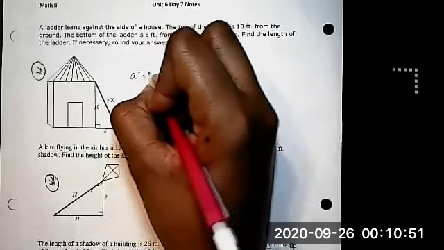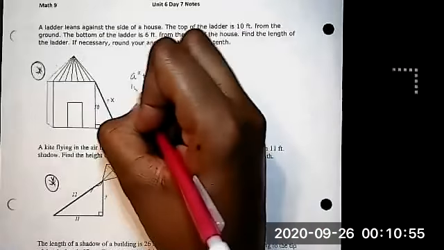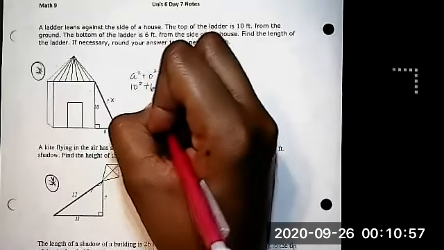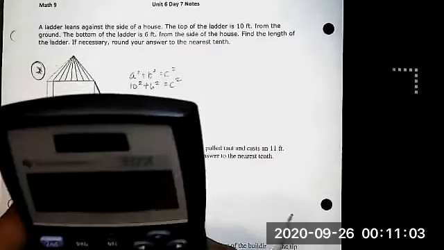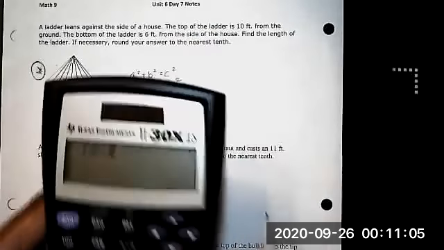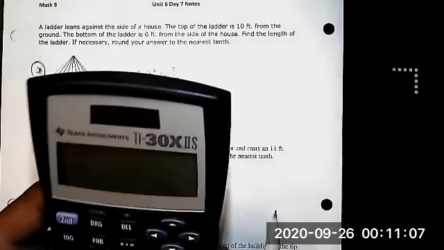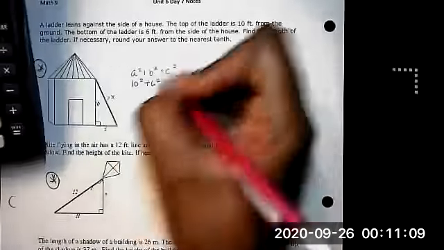So a squared plus b squared equals c squared. We don't know what c squared is. This is the best one, because you can put this right in your calculator. So we would do 10 squared plus 6 squared. You get 136.